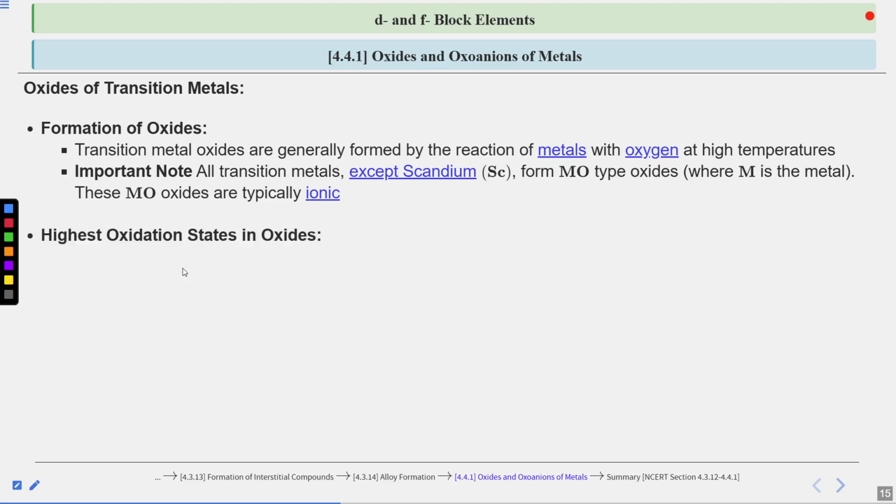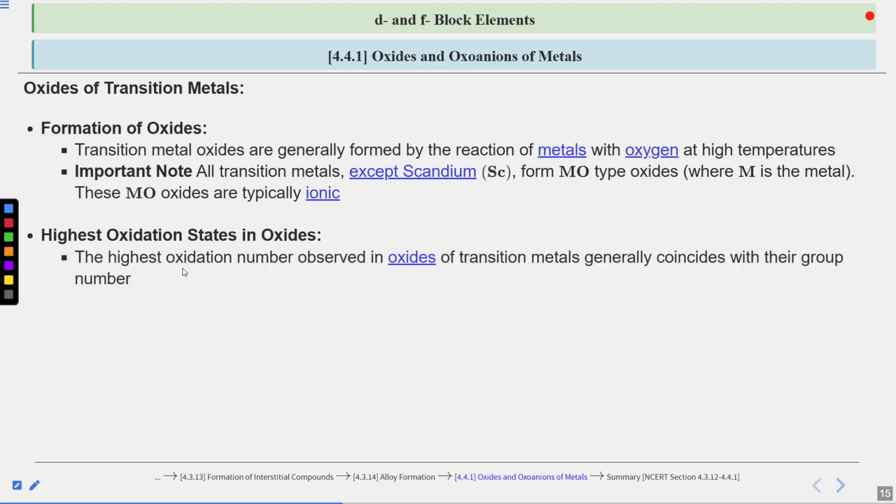Highest oxidation states in the oxides. The highest oxidation number observed in the oxides of transition metals generally coincides with their group number. If some element is present in group 7, the highest oxidation number observed in that element's oxide is going to be +7.